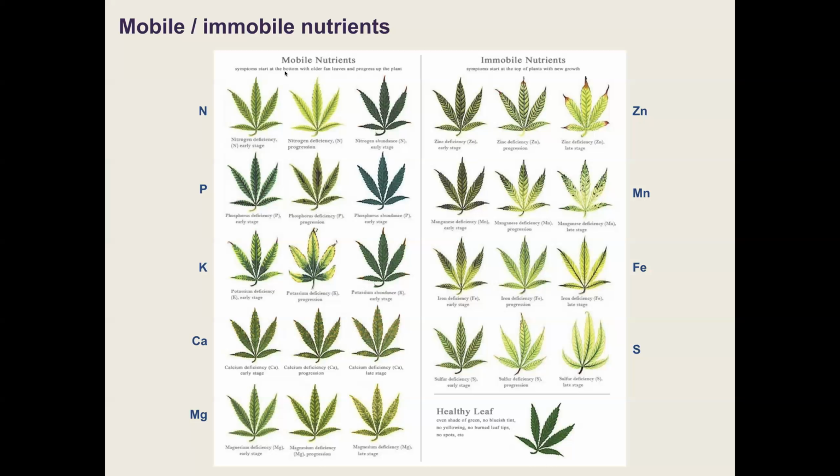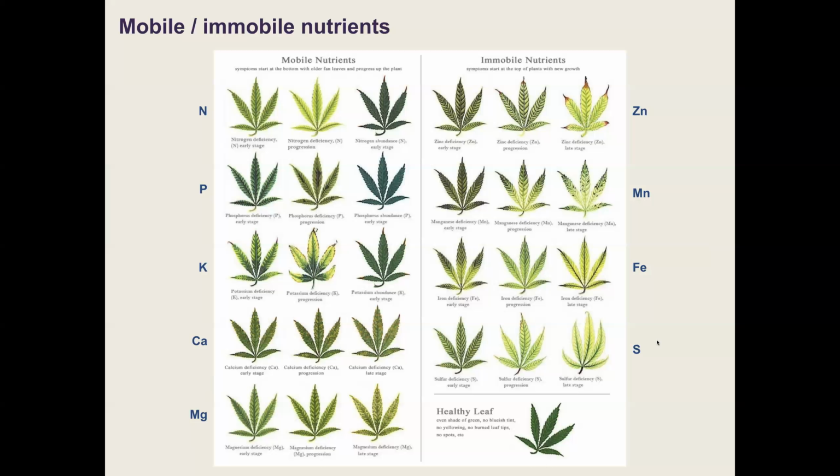So symptoms start at the bottom. The chlorosis, you would see in older parts of the plant. And these are some examples of nutrients that are deficient and mobile. So let's say you've got yellowing in an older part of the plant, then you can narrow it down and say, well, I must be deficient in one of these mobile nutrients. In contrast, the immobile nutrients, once they're put into tissues, they stay there. That includes zinc, manganese, iron, sulfur.